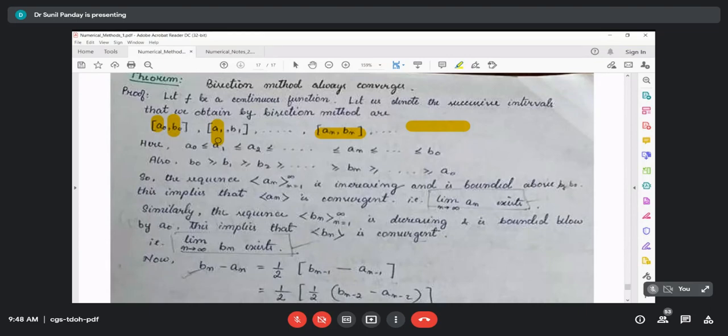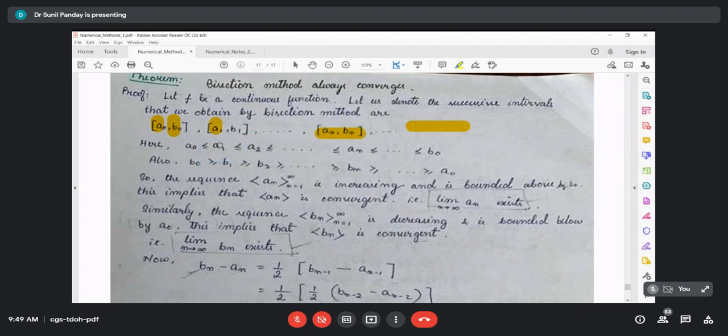So obviously you can see that a1 is greater than or equal to a naught, because in the next interval, either a1 equals a naught, or a1 equals a naught plus b naught by 2. Similarly the same approach holds for a2. So the sequences a naught, a1 and so on have this kind of property.